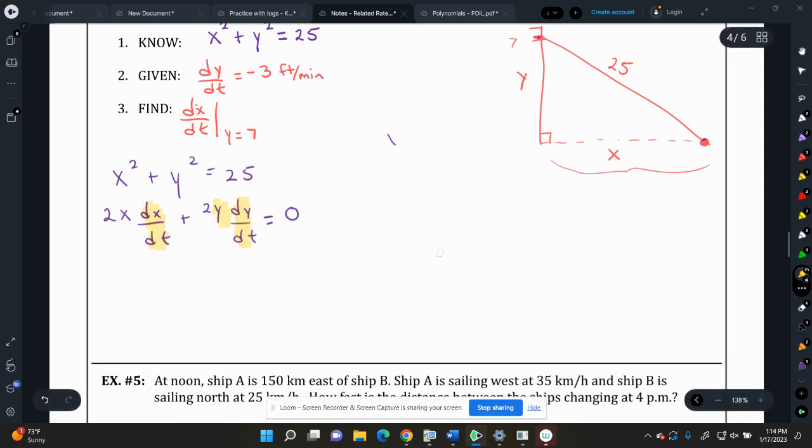So how can I figure out x? If that's 7 feet high, x squared plus 7 squared equals 25 squared. A squared plus b squared equals c squared.